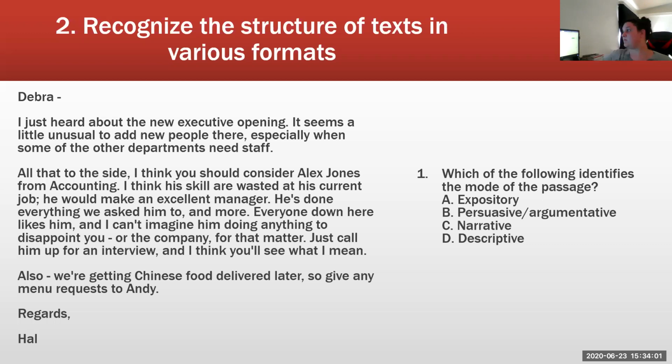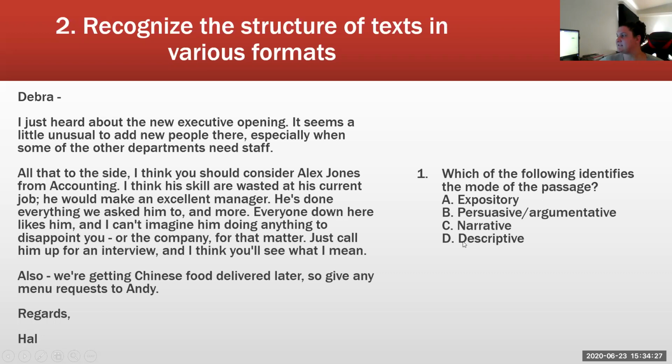So, which of the following identifies the mode of the passage? Expository, persuasive, argumentative, narrative, or descriptive? Well, it is descriptive, but that's not the mode of the passage. That's not the reason that Hal is emailing Deborah. He's not just trying to describe Alex Jones from accounting.